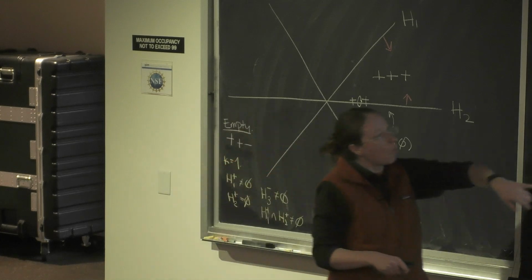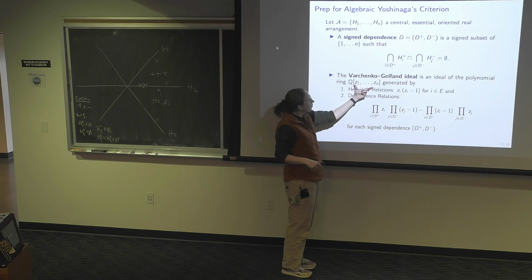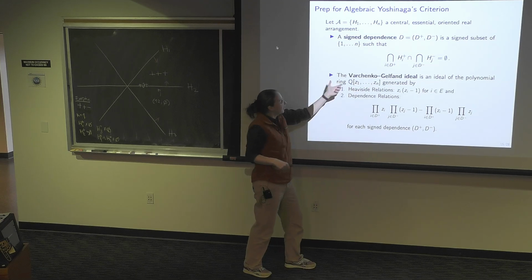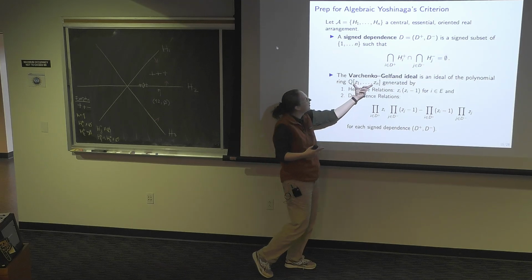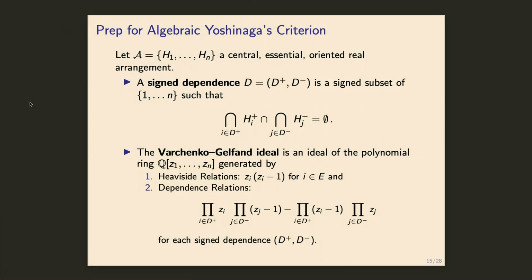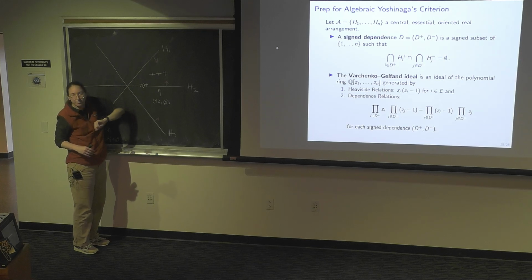There's one variable for each of the hyperplanes of the arrangement. It's not immediately obvious to see this, but it is true that these things correspond to these Heaviside functions. Of course, they satisfy certain relations that come from the geometry of multiplying things pointwise. When I say Heaviside function, I mean 1 on this side and 0 on this side.